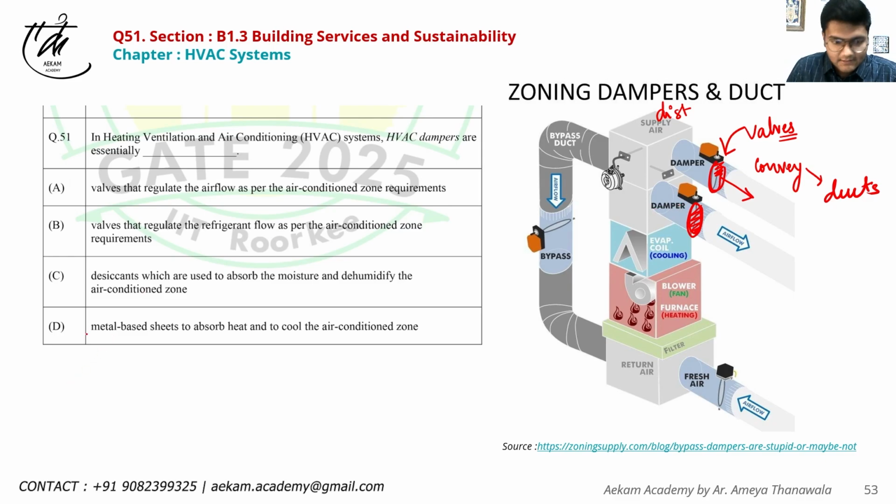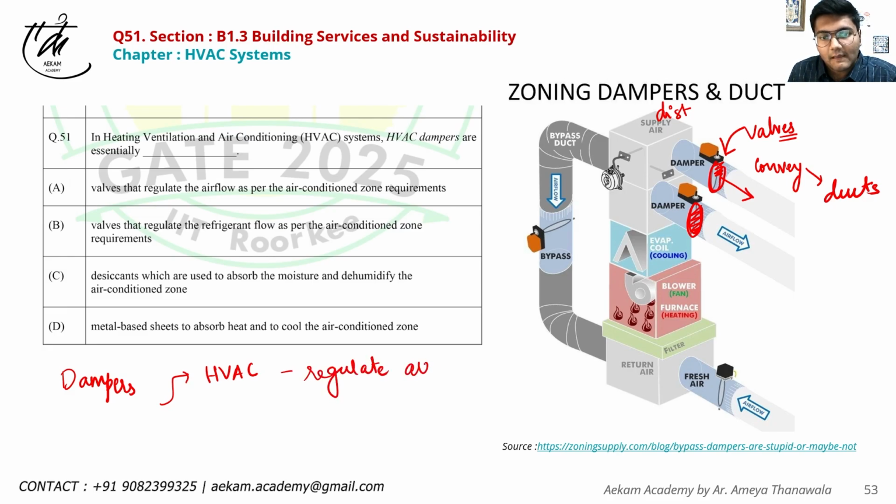Dampers play a key role in HVAC system because they regulate airflow. But they also play a very key role in your firefighting. Why? Because they help in smoke control.